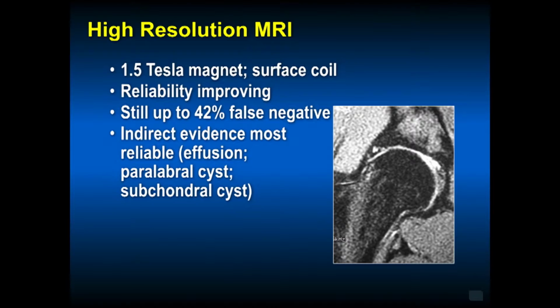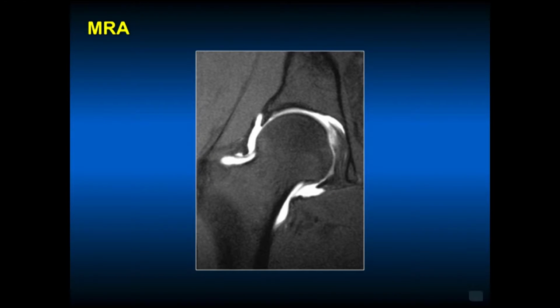High-resolution magnets are better, 1.5 Tesla or more, now up to 3 Tesla. Reliability is improving. There's indirect evidence that if you have an effusion or subchondral cyst, something is going on with the labrum or the articular cartilage. You can see here a little labral degeneration with the cystic change in the bone itself.